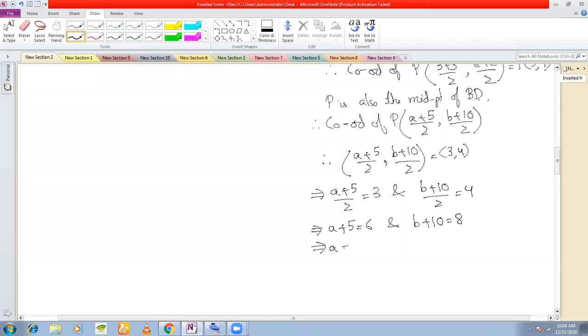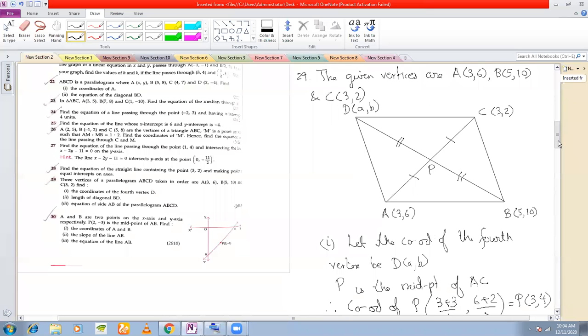That means A is equal to 6 minus 5 equal to 1 and B equal to 8 minus 10 equal to minus 2. Hence the coordinates of the fourth vertex D is 1, minus 2. This was the first part of the question.